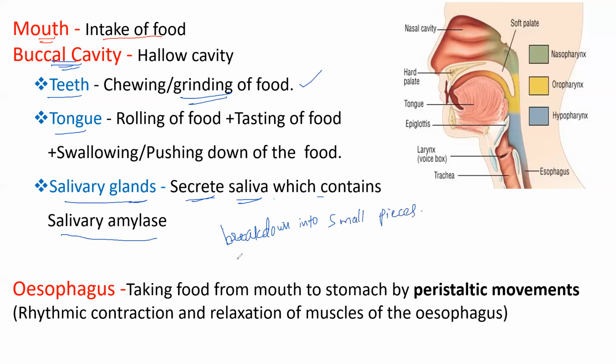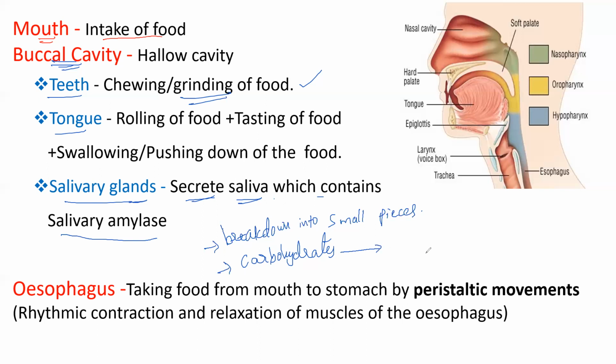After that, one more main function is there, that is carbohydrates. In our food, as we already studied, there are nutrients: carbohydrates, fats, proteins, and all of these will be in the mouth.